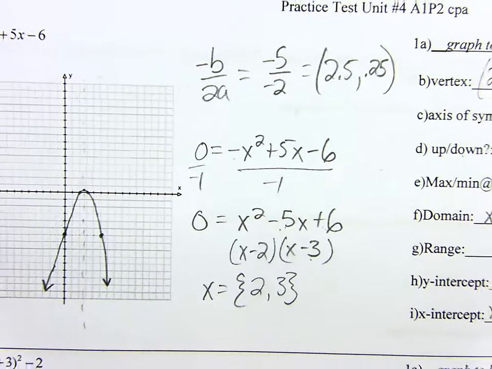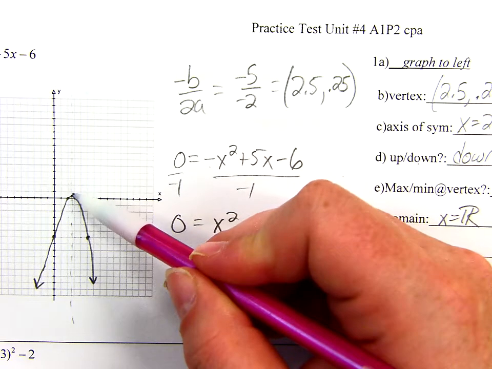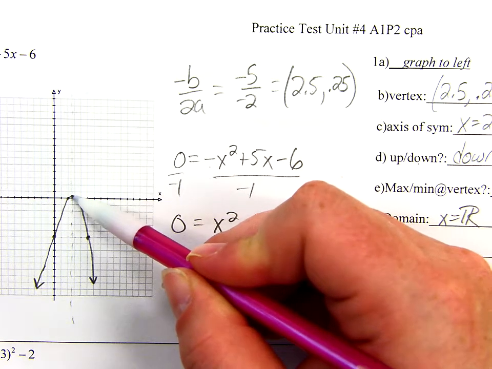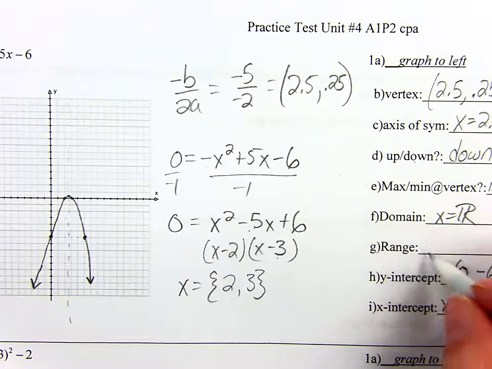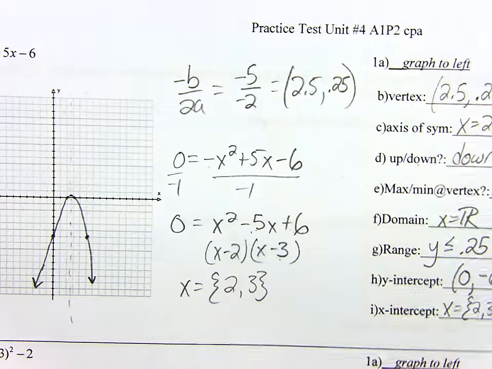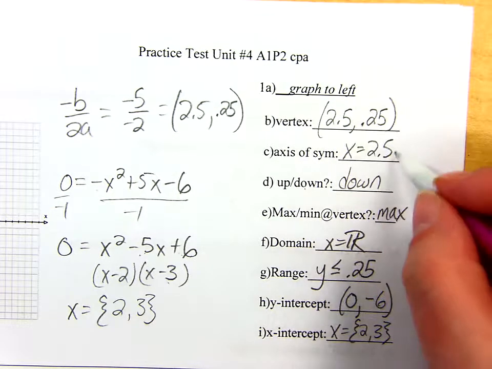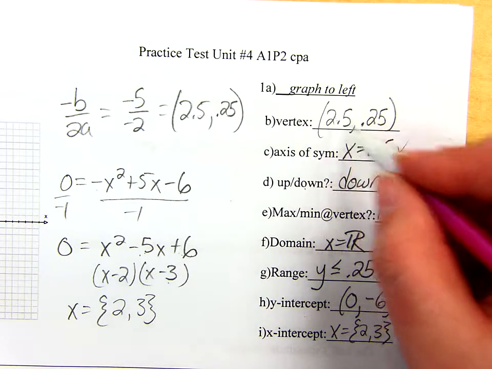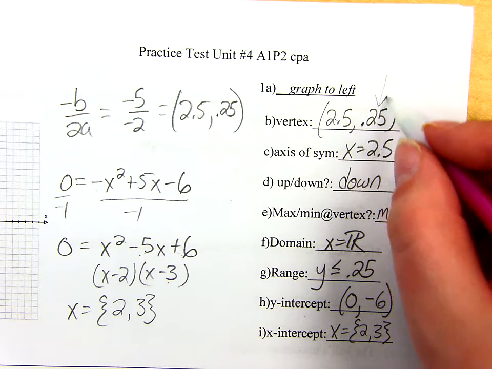Can't leave that blank. But now that we have a picture of our graph, the range will be pretty easy to find. The y value I get. What is that y value right there? And you have your vertex. So y is going to be what? Less than or equal to 0.25. When you have your vertex, it gives you the axis of symmetry, right?